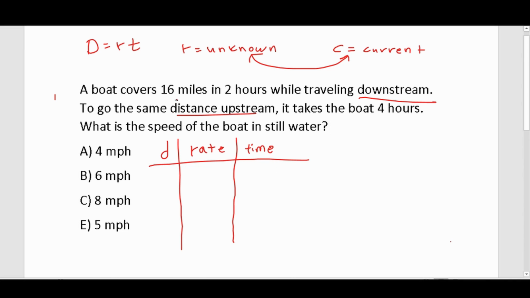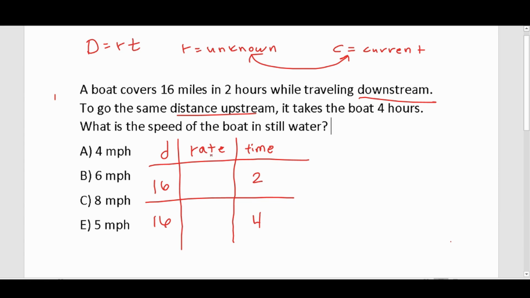Now, in this case, we know that the boat covered 16 miles upstream and 16 miles downstream. So we'll go ahead and fill that in accordingly. We know to go downstream, it took the boat 2 hours, and to go upstream, it took the boat 4 hours.